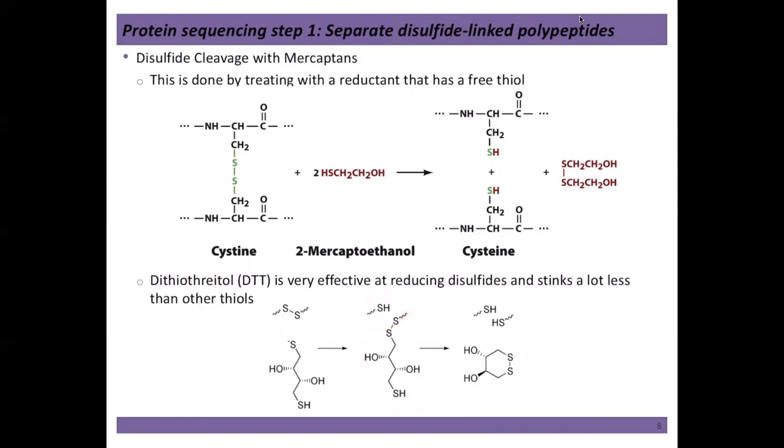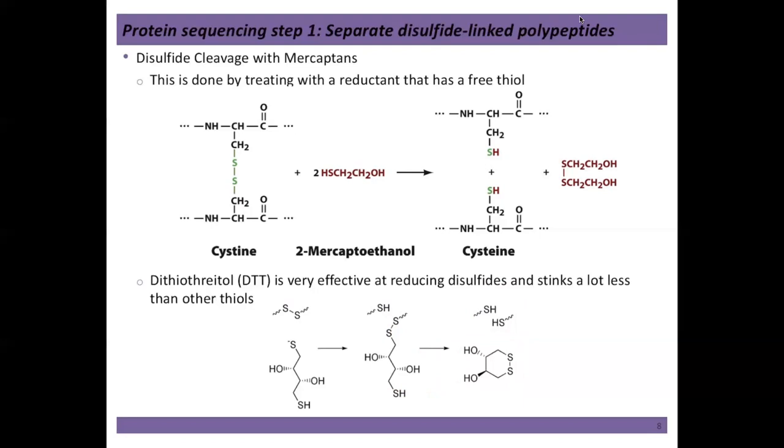Now you just happen to have another free thiol within the same molecule, and what it'll do is wrap up and attack itself and kick those electrons back to the protein, and you end up getting the cyclic disulfide molecule here, and you've got two free thiols. So DTT is really cool in that it will form a disulfide within the same molecule.